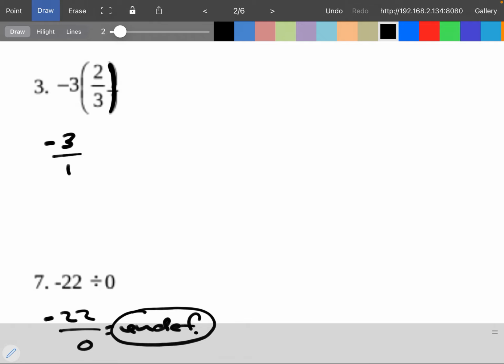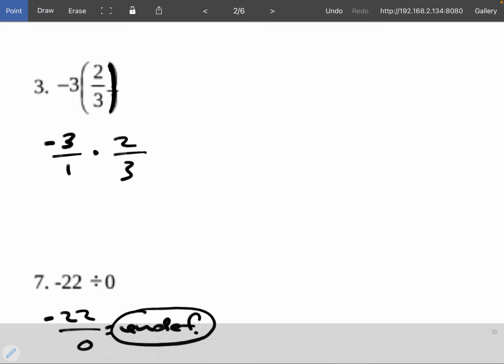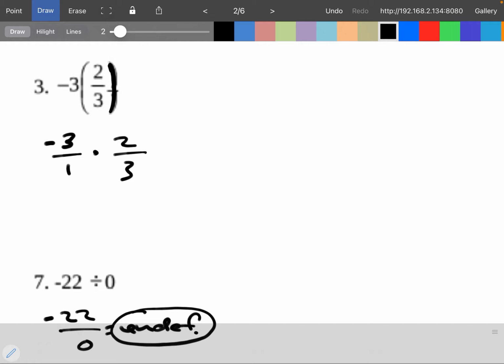So negative 3 over 1. And then this is just a multiplication, so times 2/3. All right, and then I'm going to go ahead and cross cancel. So I can cross cancel these two. Those are both divisible by 3. So I'm going to take 3 divided by 3, that's 1, and 3 divided by 3, that's 1.